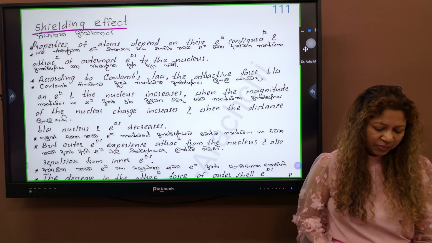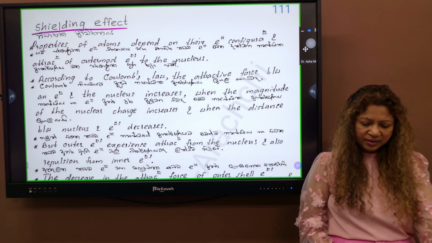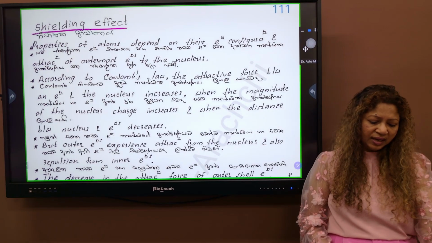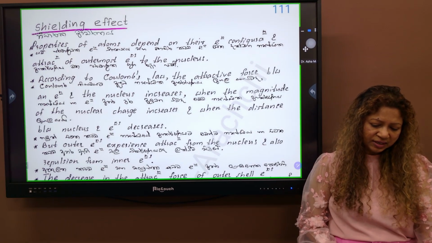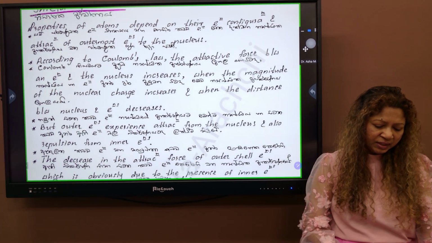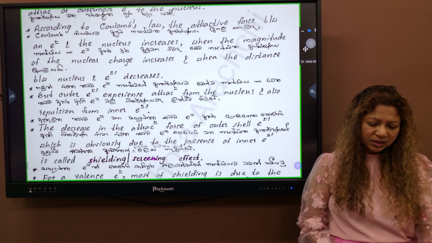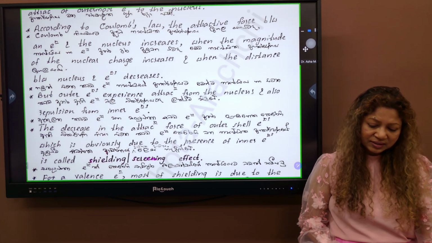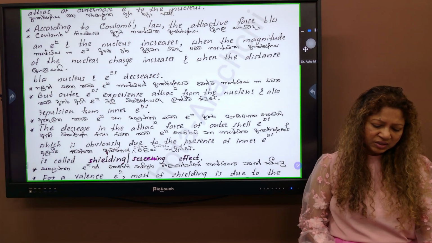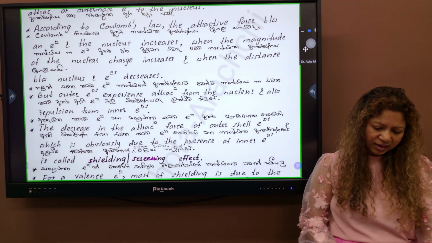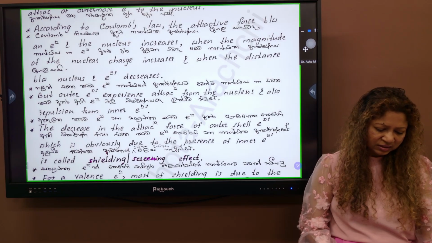Shielding effect. Properties of atoms depend on their electron configuration and attraction of outermost electrons to the nucleus. According to Coulomb's law, the attraction force between an electron and the nucleus increases when the magnitude of the nuclear charge increases and when the distance between nucleus and electrons decreases.